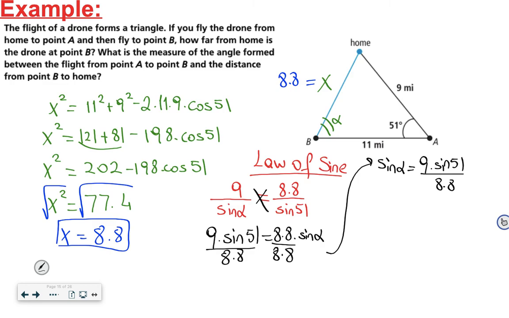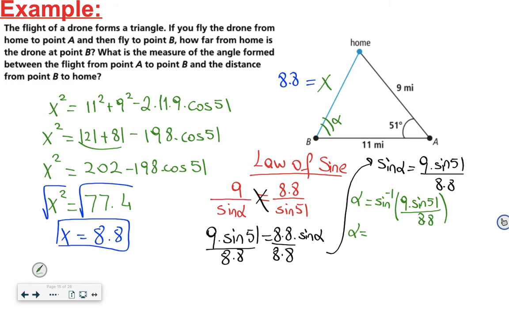Remember that to be able to find the measure of the angle, you need to get inverse of trigonometric function. So alpha will be inverse of sine function 9 times sine 51 over 8.8. You need to use graphing calculator to get the value of alpha. Let's use it.